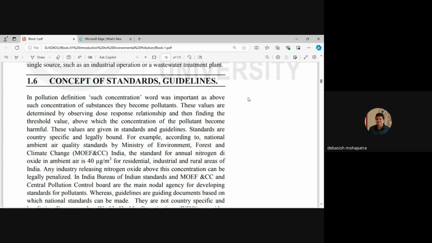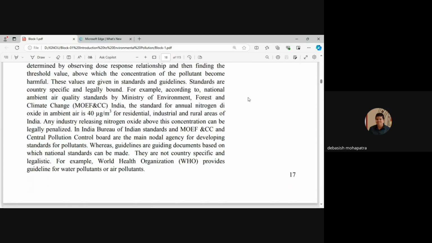Whereas guidelines and guiding documents, based on which national standards can be made, are not country specific and legislative. For example, WHO provides guidelines for wastewater and air pollution. So these organizations set up standards.